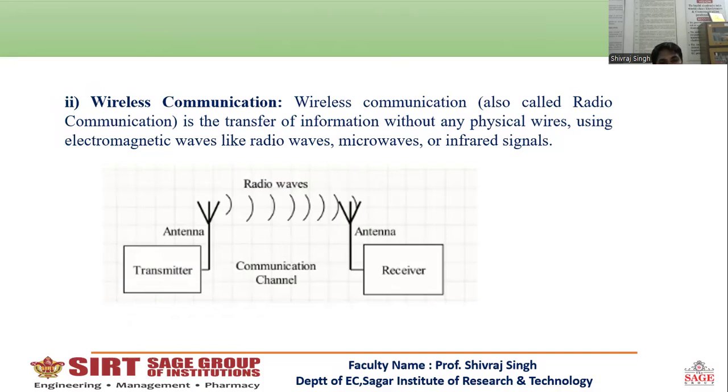In wireless communication, we transmit the information with the help of an antenna. An antenna is basically an electronic device which translates our radio signal or high frequency signal into the form of electromagnetic waves.